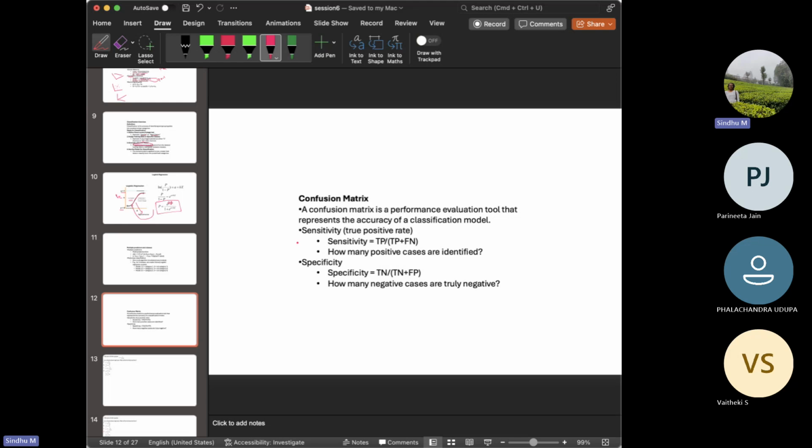To do this, there are two important terms. One is sensitivity, that is the true positive rate. For example, if you give maybe 100 images, and out of the 100 images your model says that 50 of them are cat images, but in reality only 40 of them are cat images.